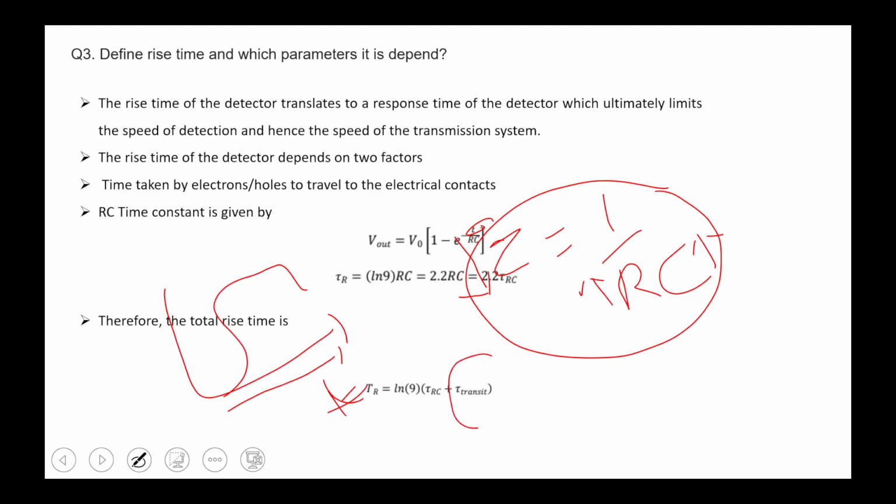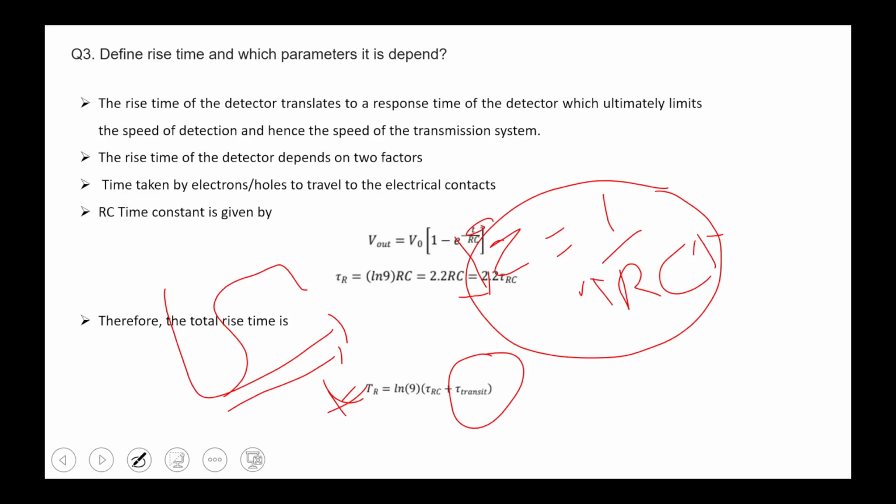What is T transit time? What is transit time? Namita? Sir, I forgot.